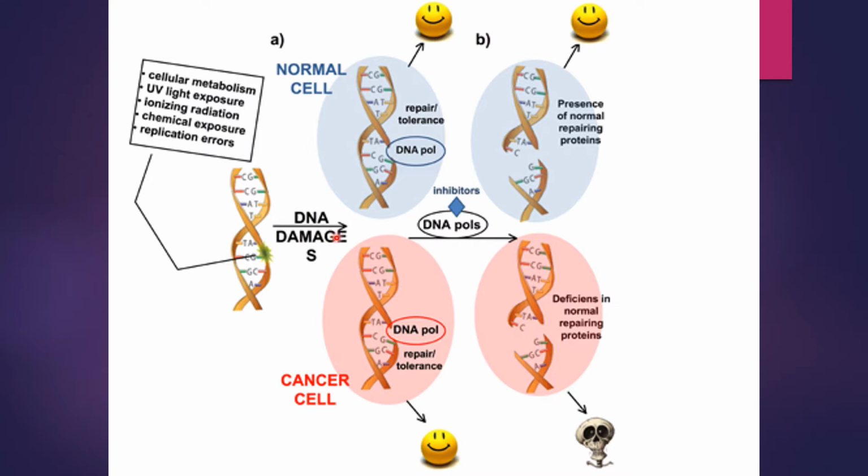Otherwise, if the DNA polymerase is not capable of repairing the damage or the damage is beyond repair, cancerous cells develop. And these cancerous cells are due not only to deficiencies of repairing enzymes but also deficiencies in the normal repairing proteins as well.